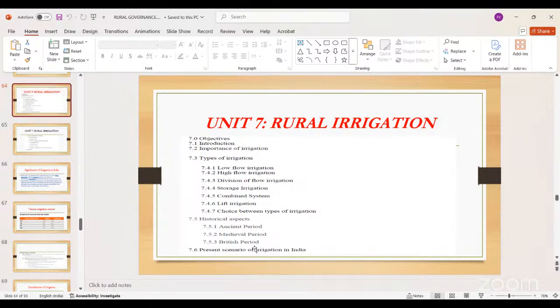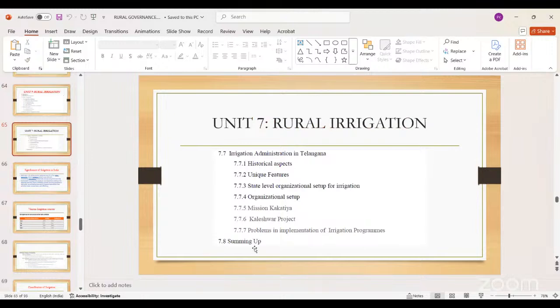Now we'll quickly cover irrigation administration in Telangana. So historically, Telangana has a heritage of cultivation and irrigation right from a very early period. In the past, ancient kings and rulers used to build lakes and reservoirs by constructing dams and aqueducts across rivers.